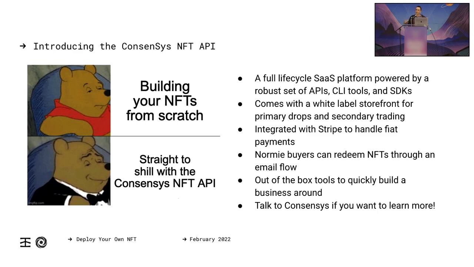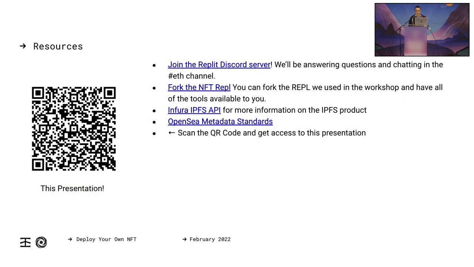It's going to come out of the box with a white label market storefront that can support primary drops and secondary trading. Normie buyers can redeem NFTs through email. It's got Stripe integration, so you can pay in fiat. It's basically an out-of-the-box solution for NFT projects if you're interested.